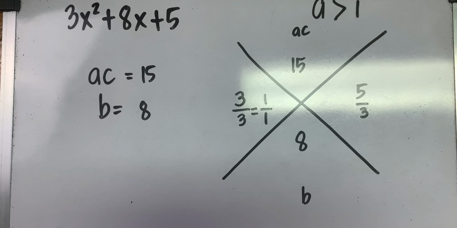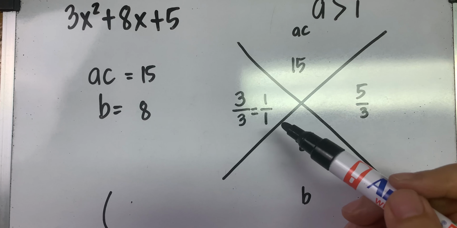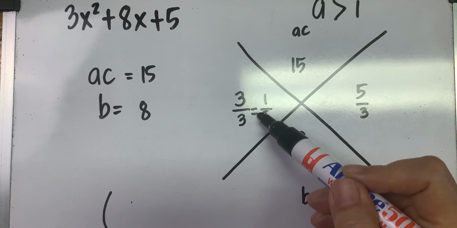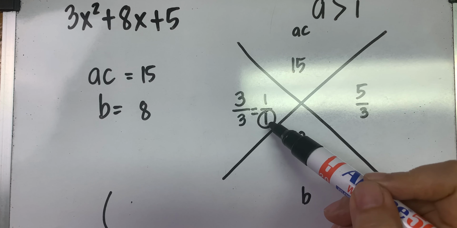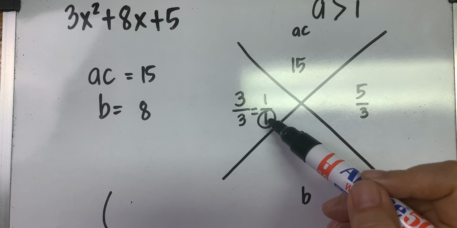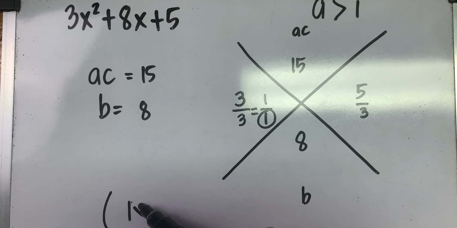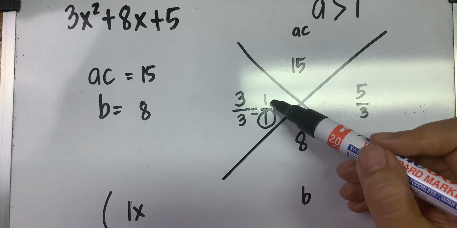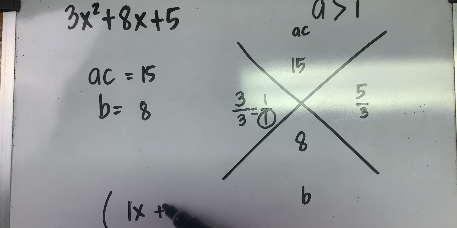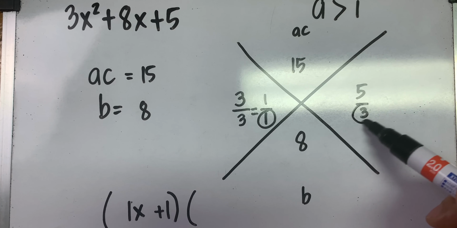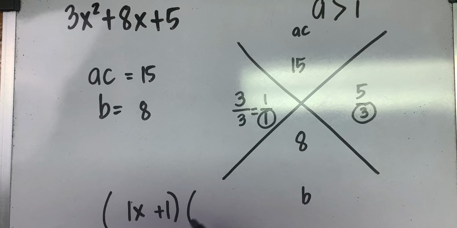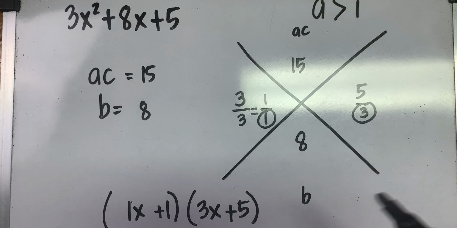So, ngayon, makukuha na natin yung factors niyan, which is, okay, first, itong number na to na nasa ilalim, yan ang coefficient ng x. So, it will be 1x. At yung number sa ibabaw, just simply add plus 1. Ganon din sa kabila. Yung number na to sa ilalim, yun yung coefficient ng x. So, it is 3x. At yung number sa ibabaw, we'll just add plus 5.